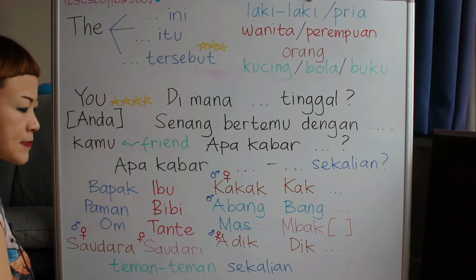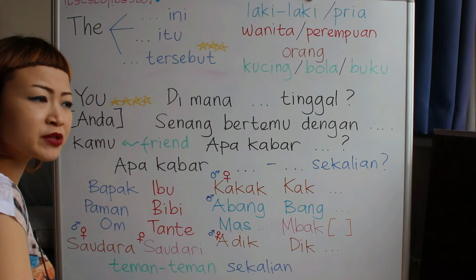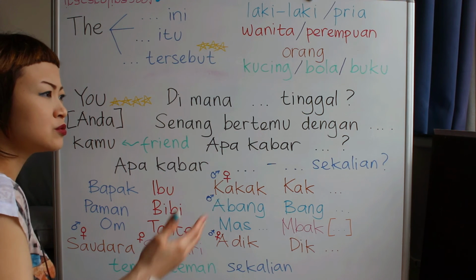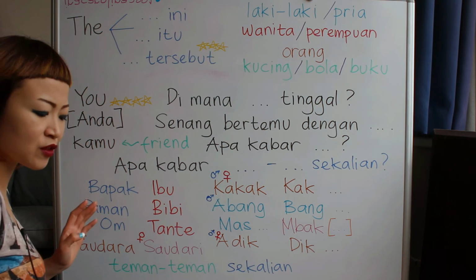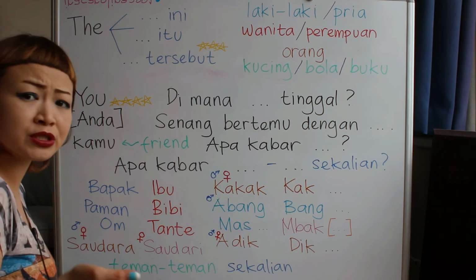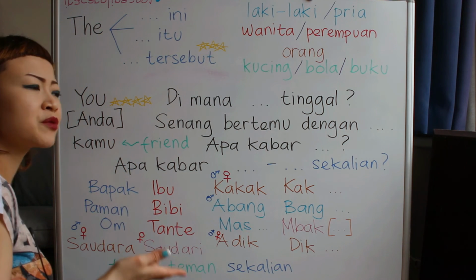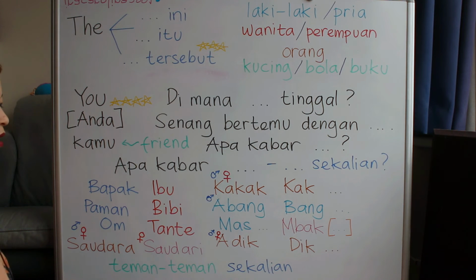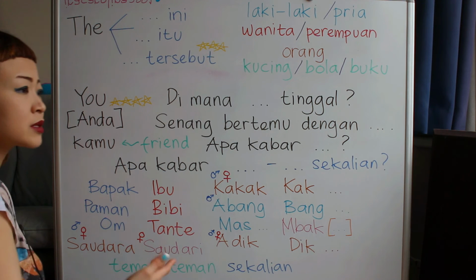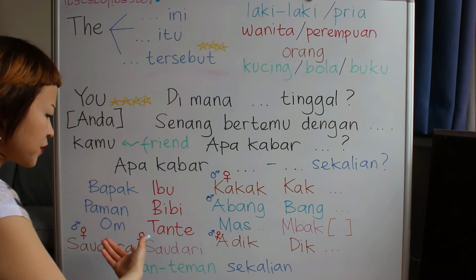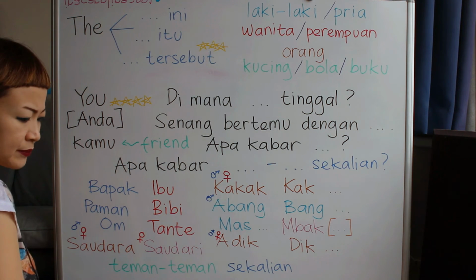Let's say my boss or my professor wants to say you to me, instead of calling me with my name, he or she calls me saudara because it can be male and female, or in this case for me, because I'm female, saudari.